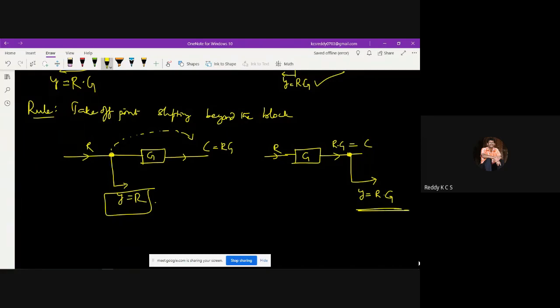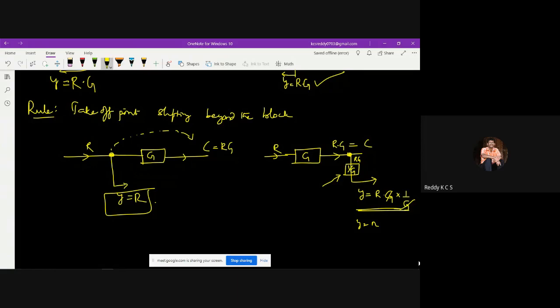In order to get y equal to r, g should be multiplied by 1 by g. This g will be cancelled out, so that I get y is equal to r. So I need to add the reciprocal of the block gain, 1 by g, to this. At this point rg, then rg into 1 by g will become r. So I need to incorporate a block in this signal which is the reciprocal of the block over which I am shifting the takeoff point.